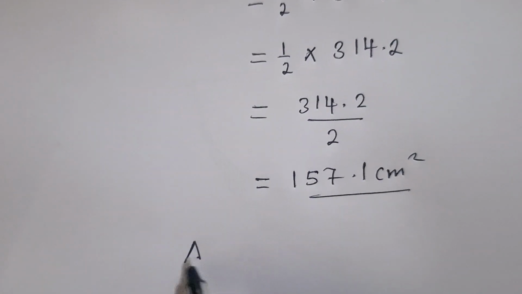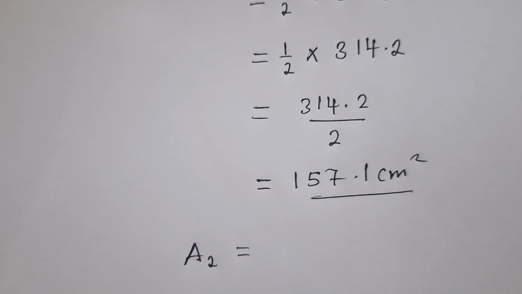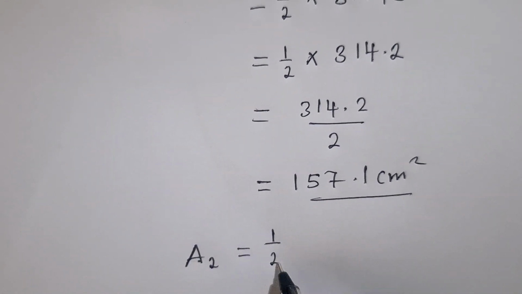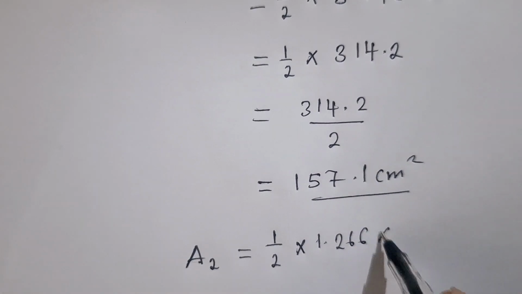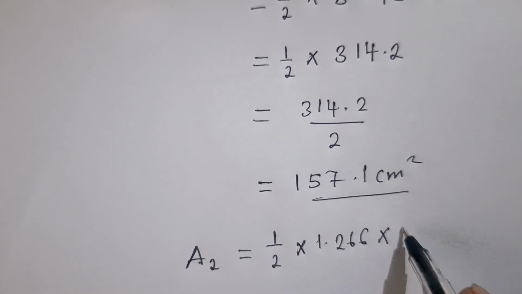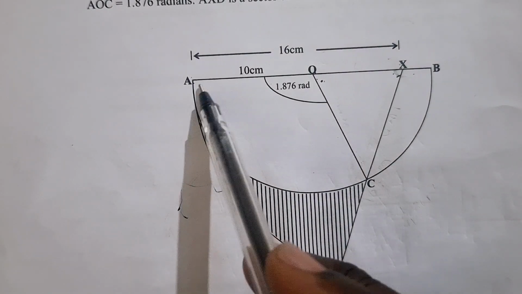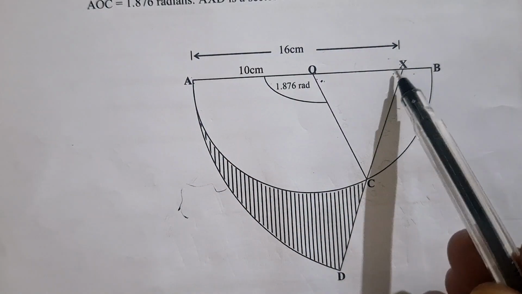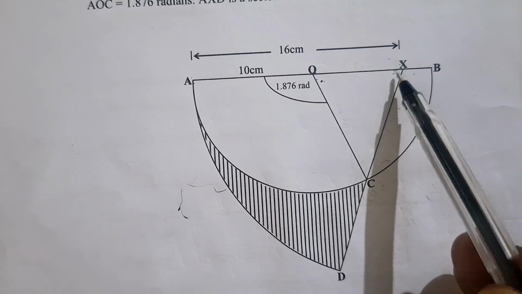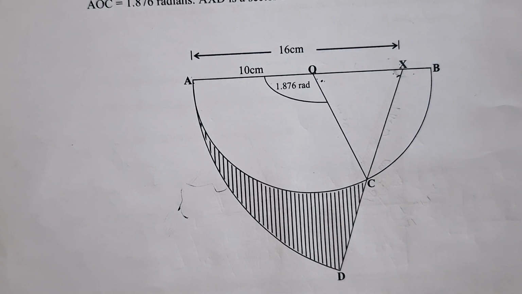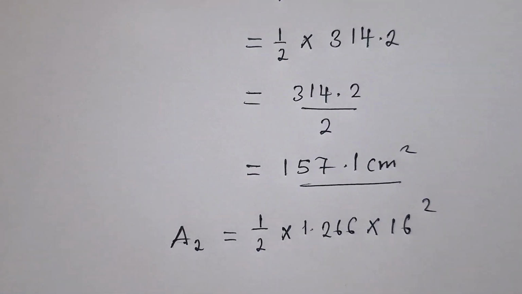And then we say area 2. It will be the area of the sector. So that's 1 over 2 times 1.266 times the radius here, which is 16 squared. Look at this. Now I'm finding the area of this sector here. So the angle I'm using is right here, which is 1.266.